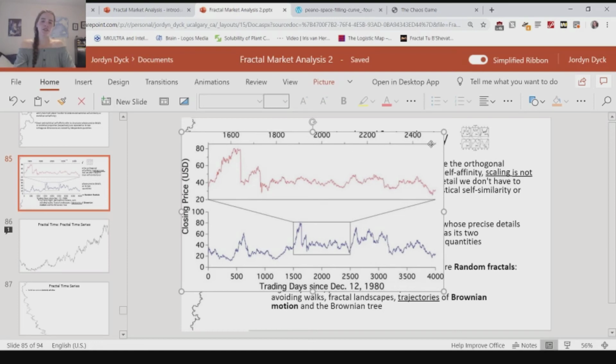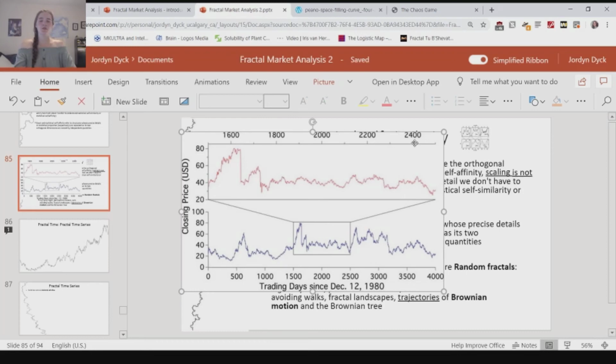But at the same time, the scale on the vertical axis is the same as below. So the horizontal axis is scaled differently. It's more zoomed in, but the vertical axis is the same. See, we have 20, 40, 60, 80, 100, and we still have 20, 40, 60, 80, 100.